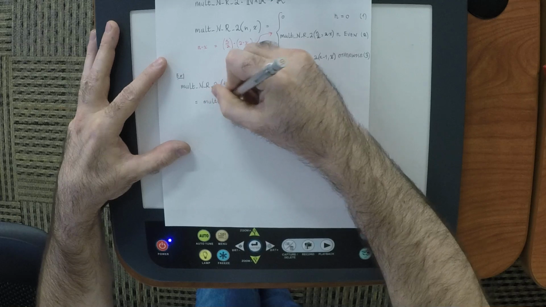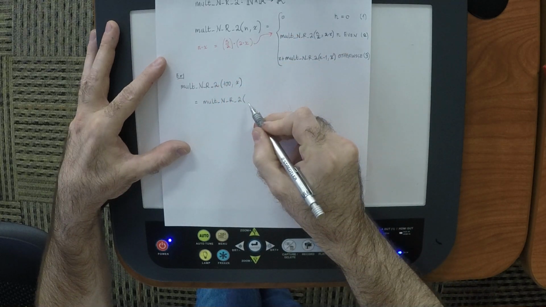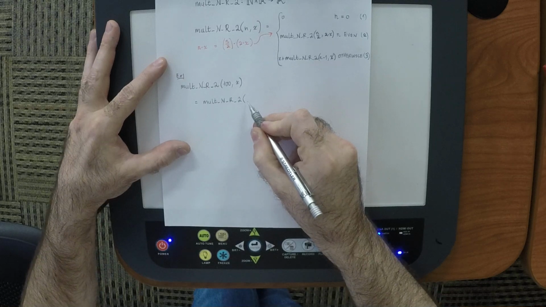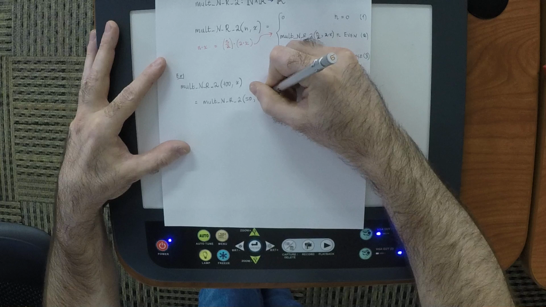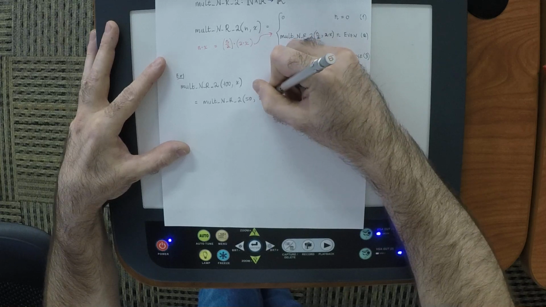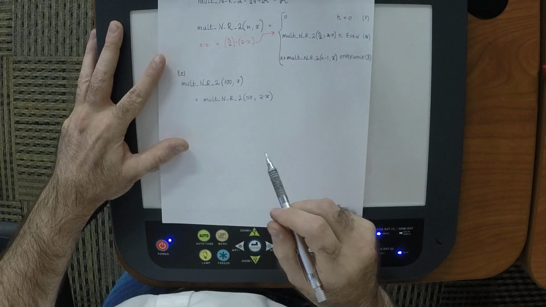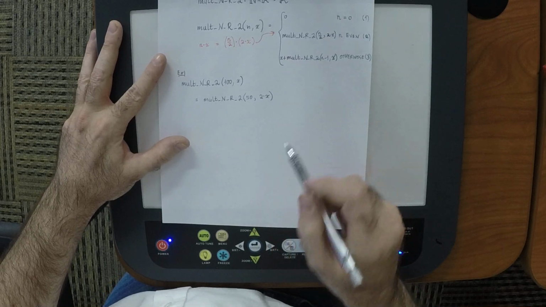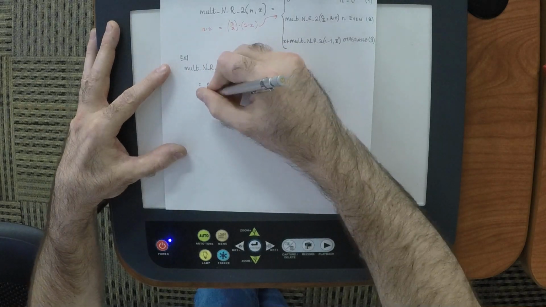So this is mult in R2, and then what are the arguments? 50 and 2x. And remember, 2x means that the machine takes that x and shifts the point 1 position to the right. That's what that means.